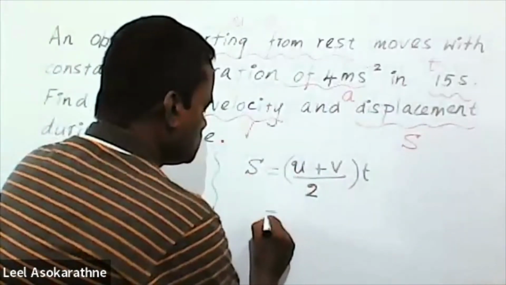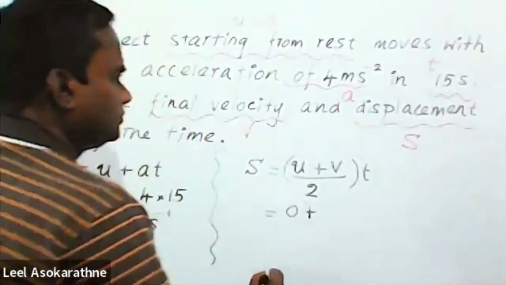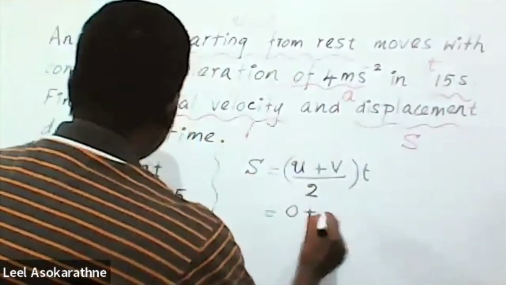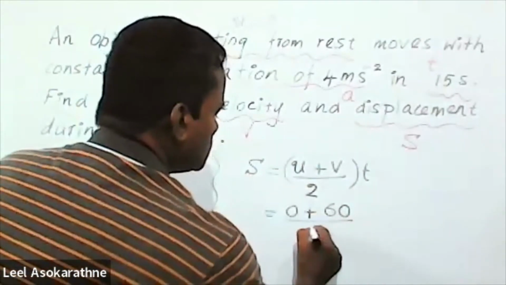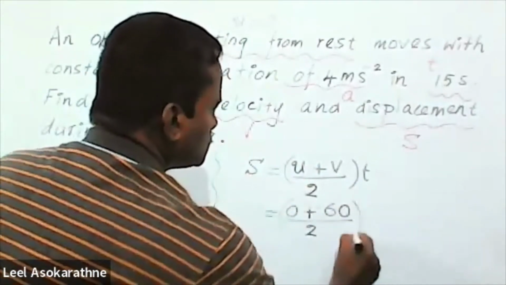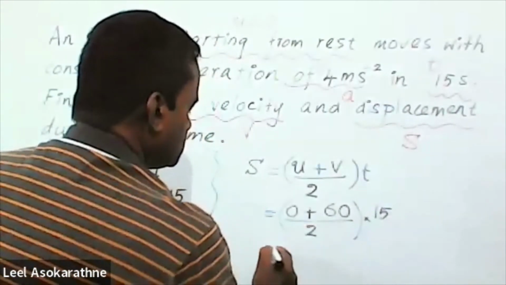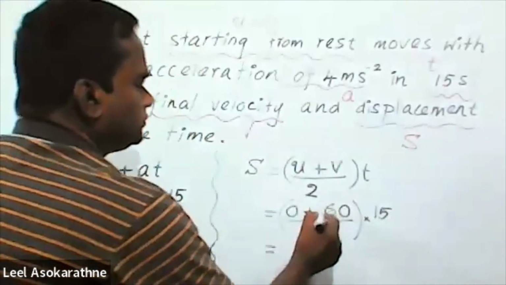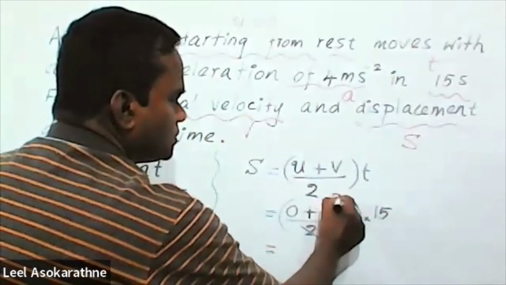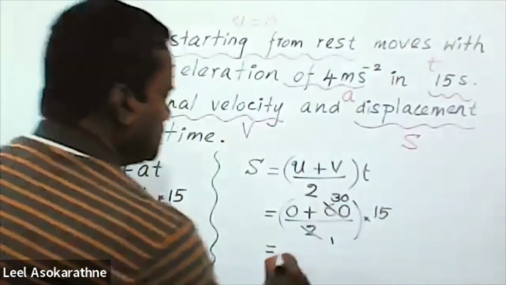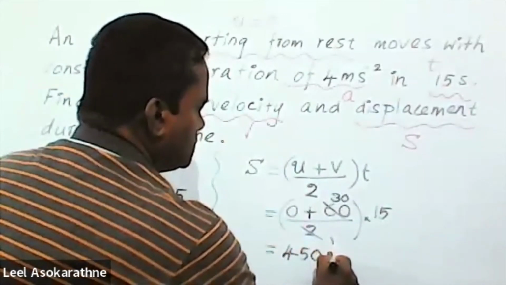Then for displacement, u is 0, v is 60, what we have calculated, divided by 2, into 15 seconds. Then basically you can divide 60 by 2, which is 30, then 30 times 15, 450 meters.